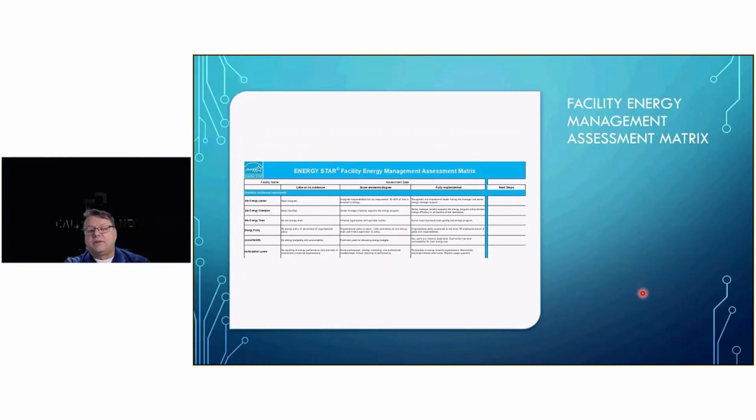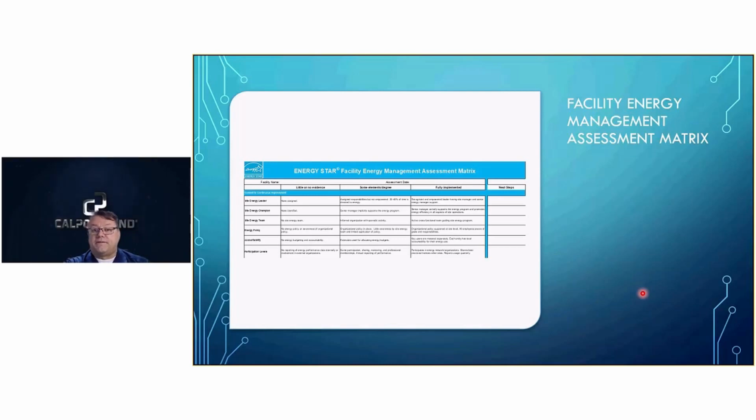They have a very similar matrix for a facility level. We're talking about the corporate structure level, but at the facility level, we want the plants and the organization to have this internal path towards energy management.